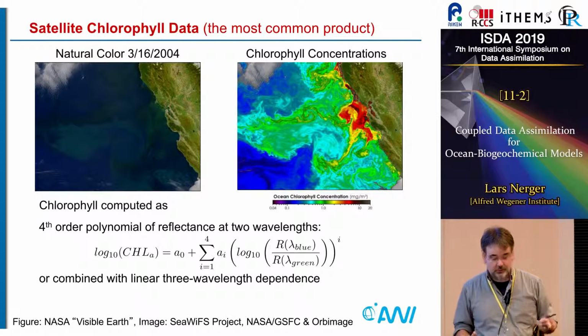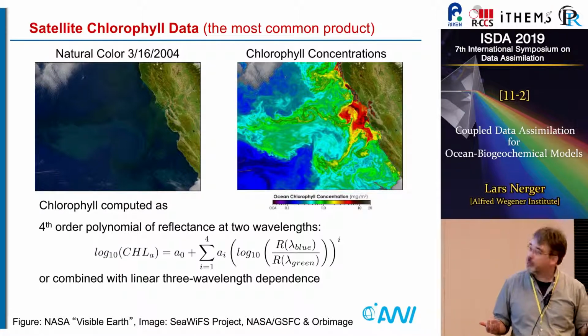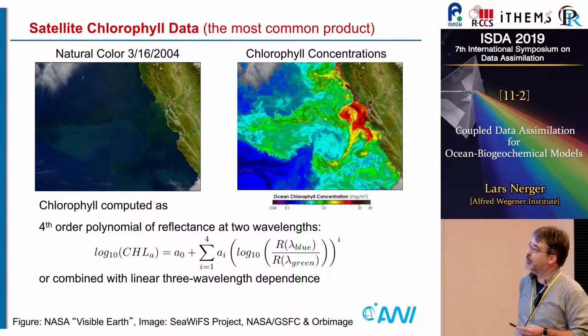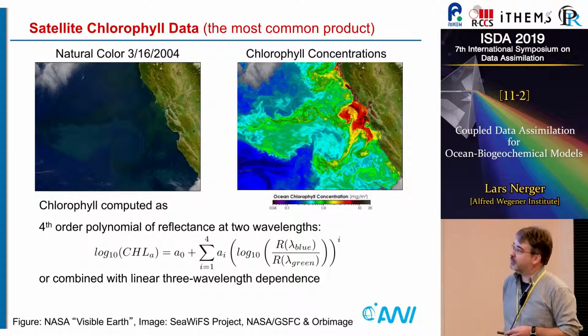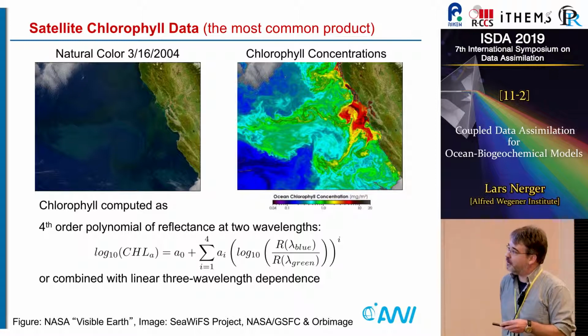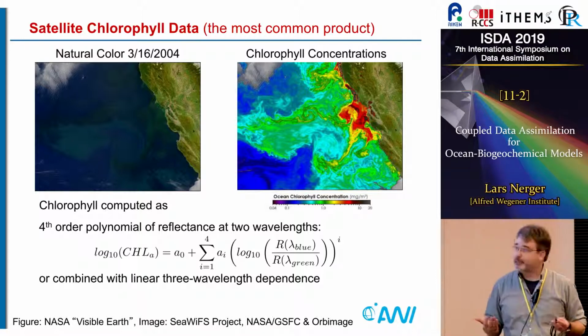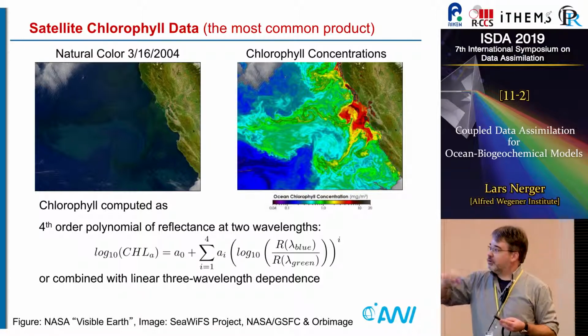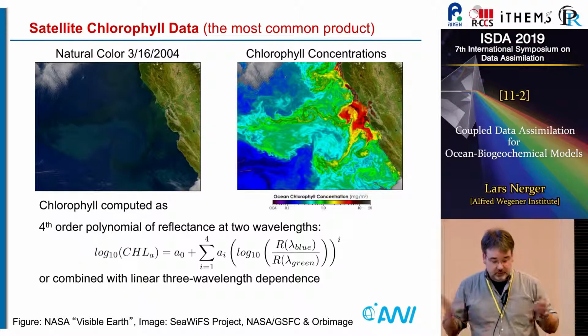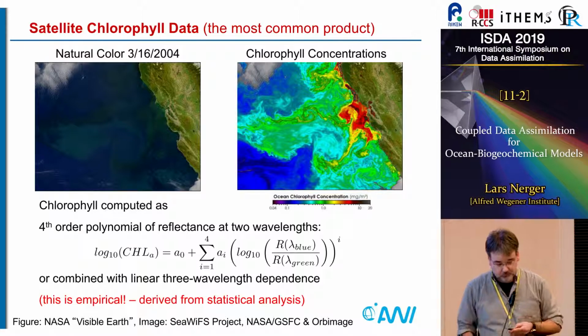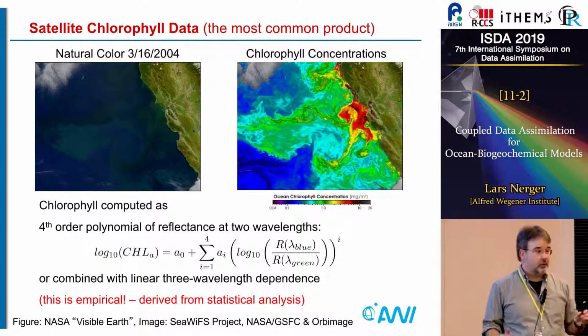Chlorophyll is computed with some algorithm like this: a fourth order polynomial of the reflectance at two wavelengths. You have the ratio of reflectance at blue to reflectance at green, the log of this, and then you use a fourth order polynomial with some coefficients. You can also combine this with a linear formulation using 3 different wavelengths, but, and this is the important part, it's all empiric.